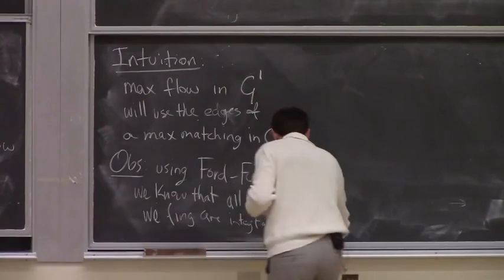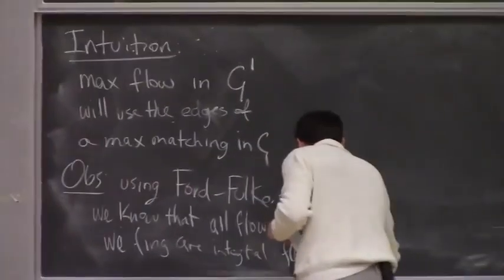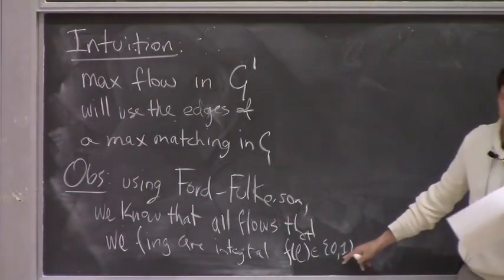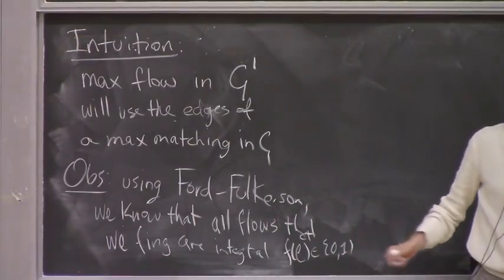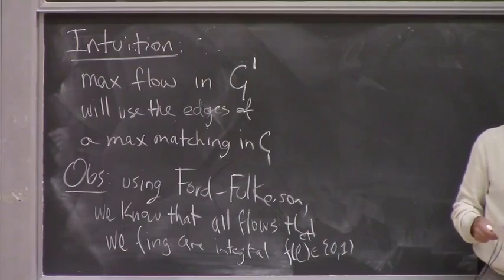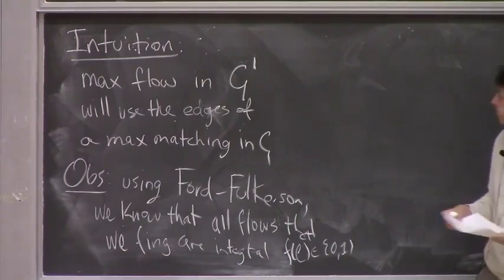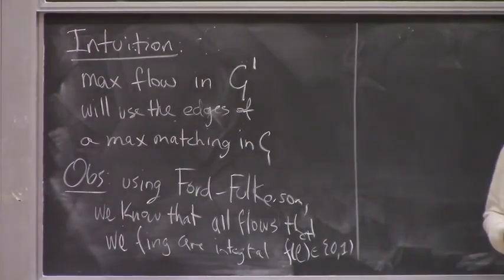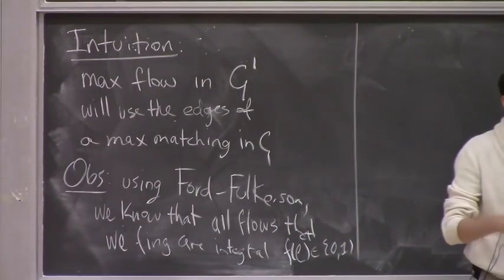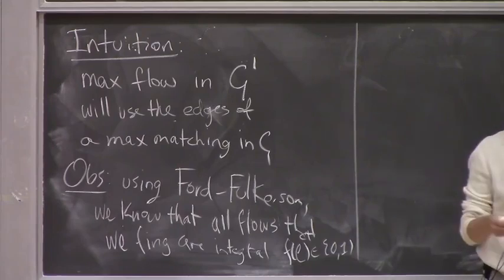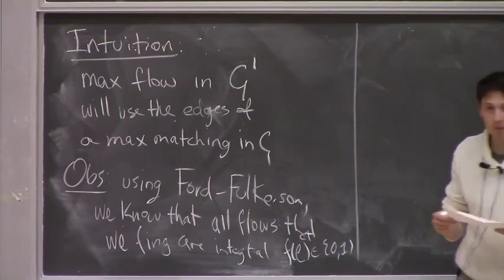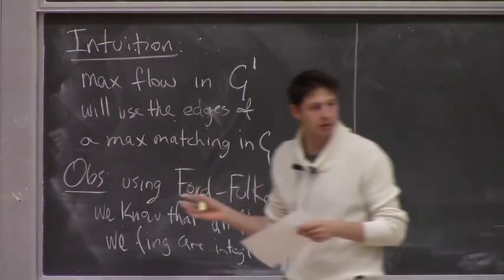Namely, f of e will be either 0 or 1 for everything, right? Because it cannot be more than 1 because all capacities are 1. So either you're using an edge or you don't, okay? All right. So now we need to convince ourselves formally that this actually makes sense, okay? That as you maximize flow, you're at the same time maximizing the size of the matching, okay? So are there questions so far?